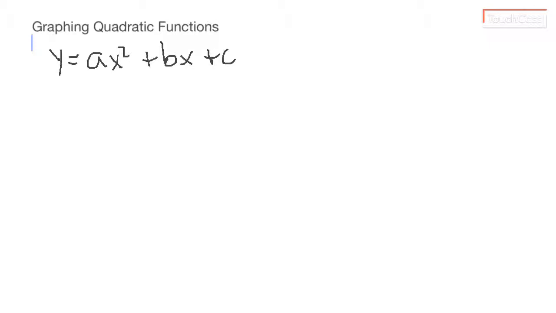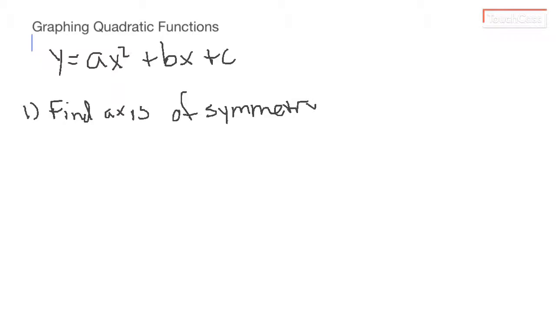The first step is to find the axis of symmetry. Now, in our last set of videos, we talked about how the axis of symmetry is a line where it's set as x equals the opposite of b over 2 times a.